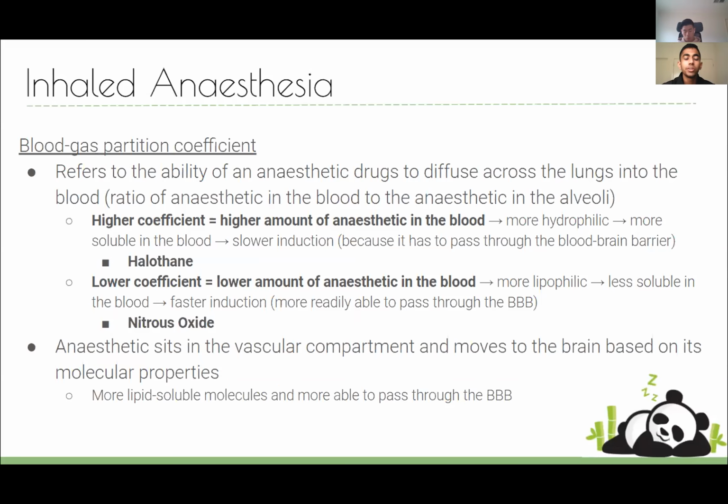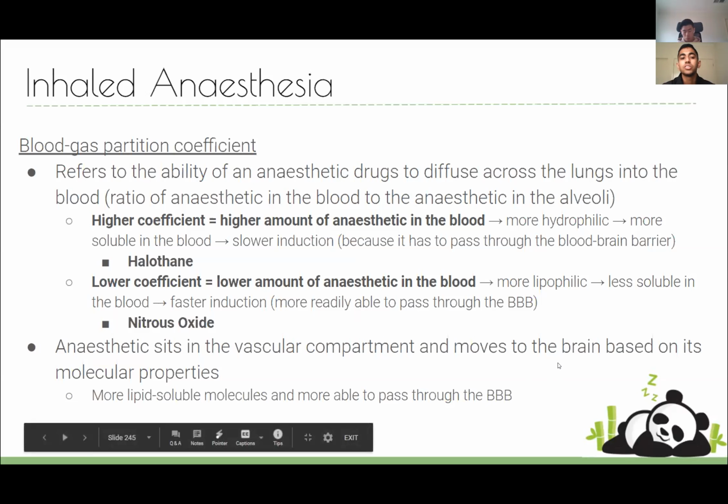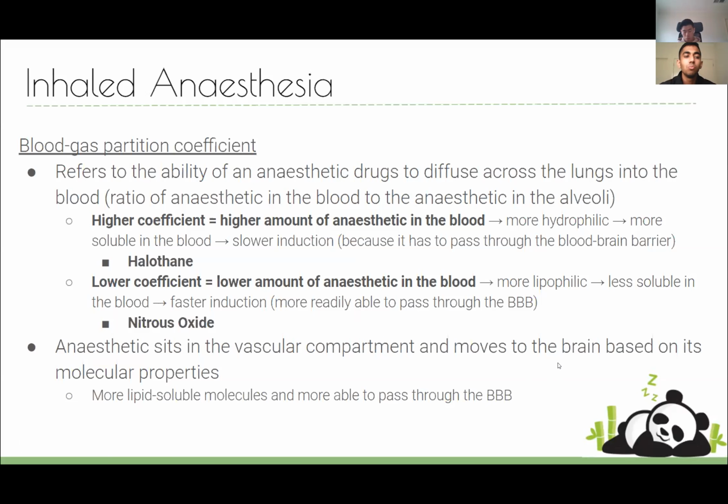There's a really important statistical marker that we measure when looking at inhaled anesthetics, which is our blood gas partition coefficient. And that refers to the ability of an anesthetic drug to diffuse across the lungs into the blood. So it's basically talking about how much anesthetic is in the blood compared to the alveoli.